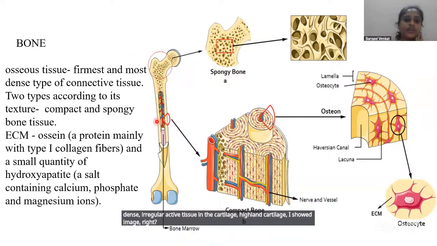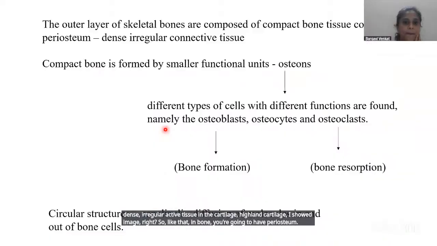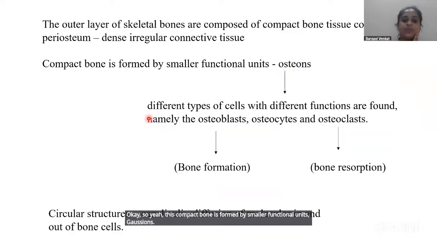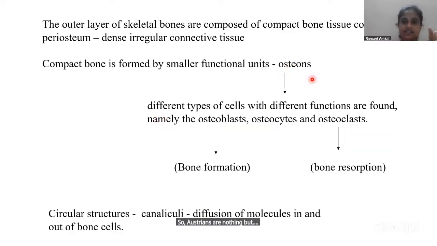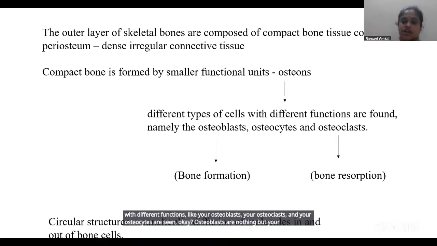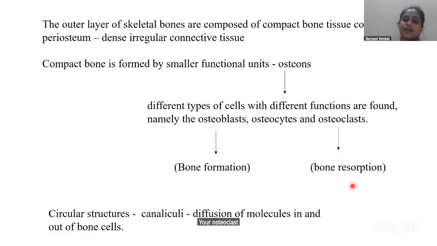Like that, in bone you're going to have periosteum. This compact bone is formed by smaller functional units called osteons. Osteons are composed of different types of cells with different functions, like osteoblasts, osteoclasts, and osteocytes. Osteoblasts are your bone forming cells. Your osteoclasts are your bone resorbing cells. We'll see about that in the upcoming slides.